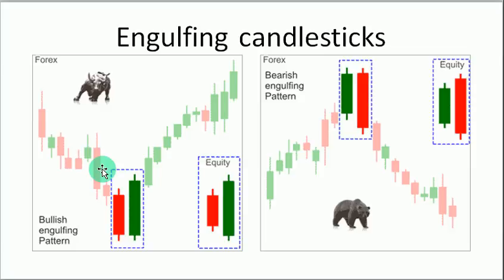If an engulfing candlestick shows up at the edge of a downtrend, as shown here, this is a bullish engulfing candlestick. What this means is that the entire session is bullish versus the entire session yesterday.